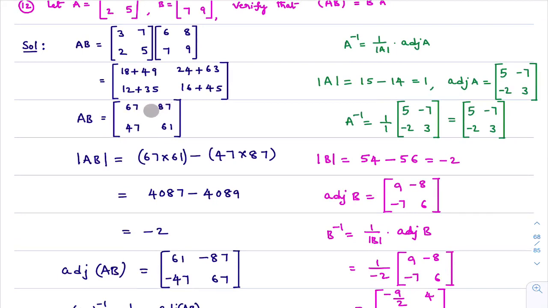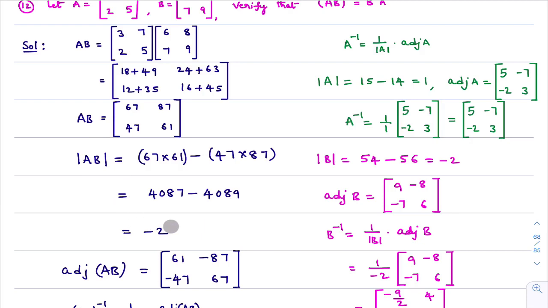This is a 2 by 2 matrix. Calculating the determinant of a 2 by 2 matrix is very easy. 67 into 61 minus 47 into 87. 67 into 61 is 4087, minus 47 into 87 is 4089. When I subtract, I am getting minus 2 here. So the determinant of AB is minus 2.